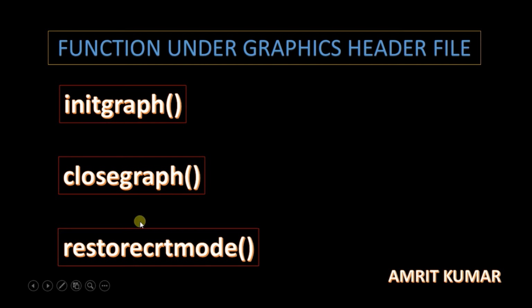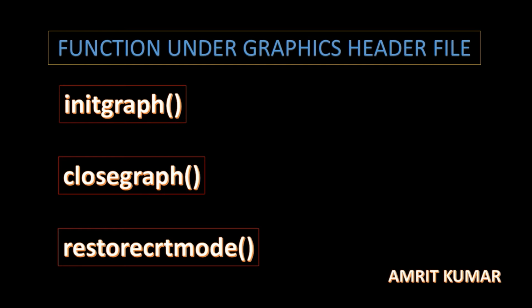These three functions will help you initialize the graphics in C language: initgraph, which is used for the initialization of the graph; closegraph, which is used to close the graph; and restorecrtmode, which is used to restore the CRT mode in graphics.